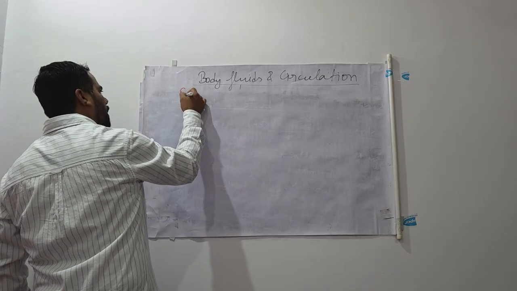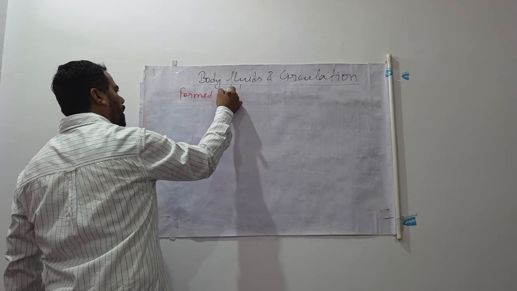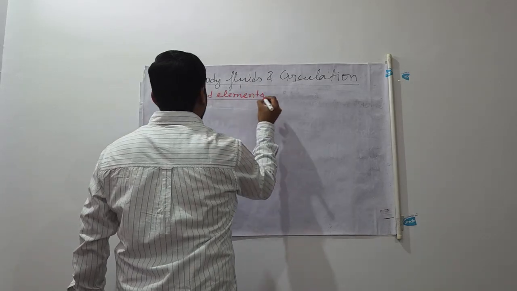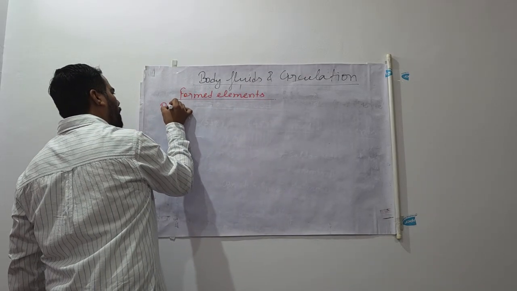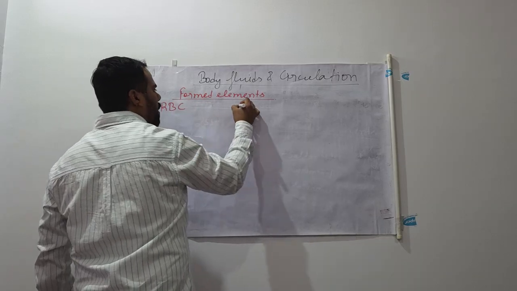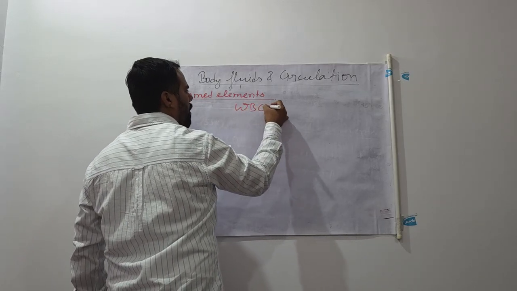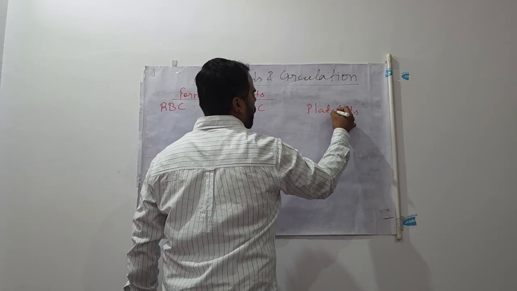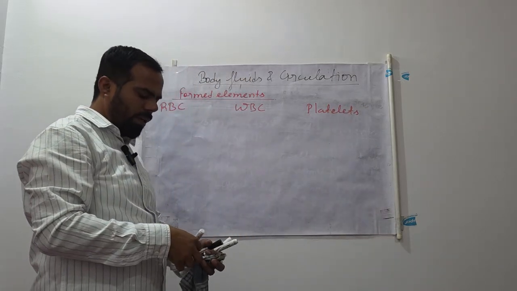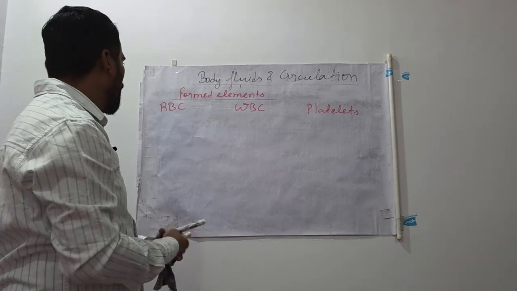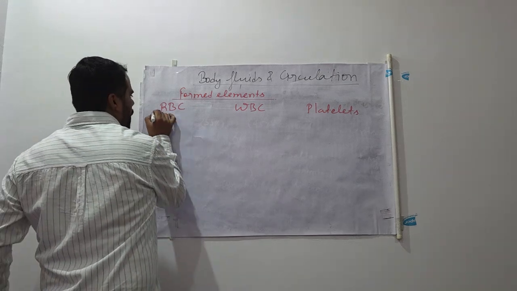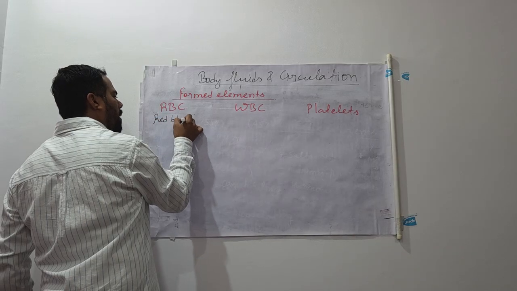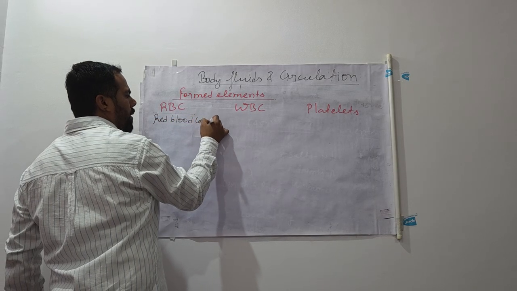We are going to discuss formed elements. In formed elements, first we will read about RBC, then WBC, and then platelets. Okay, RBC, red blood corpuscles.